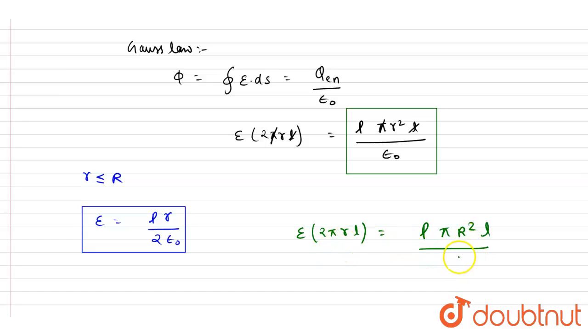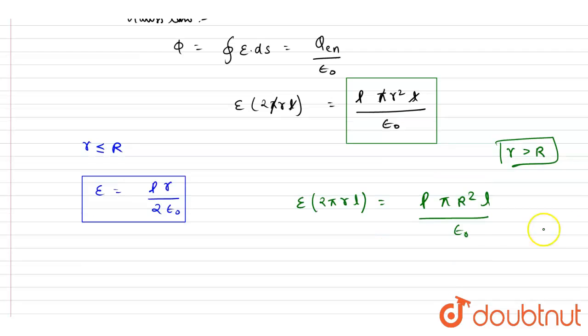This r and this R will not be the same because the charge is not there after r more than capital R. So here we have to put the value of small r equal to capital R. Now you can see this pi and L will again get cancelled out. This calculation we are doing for r greater than R.